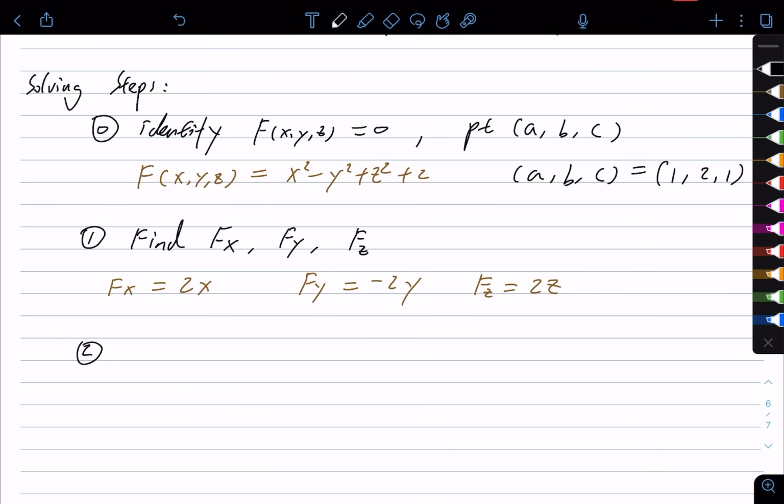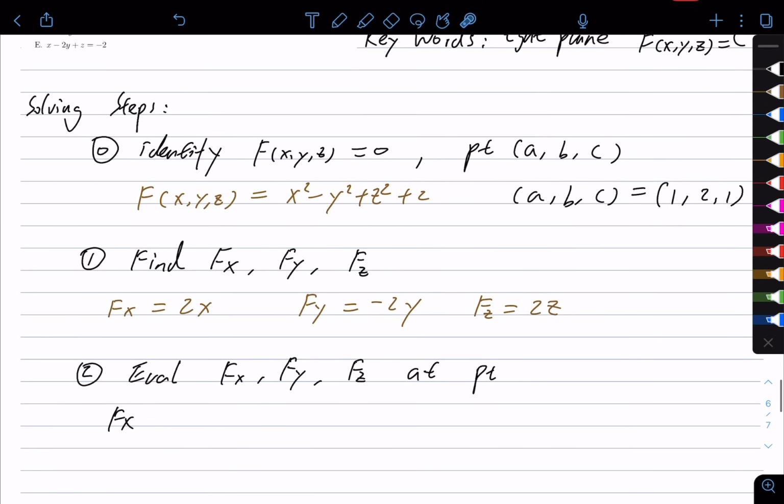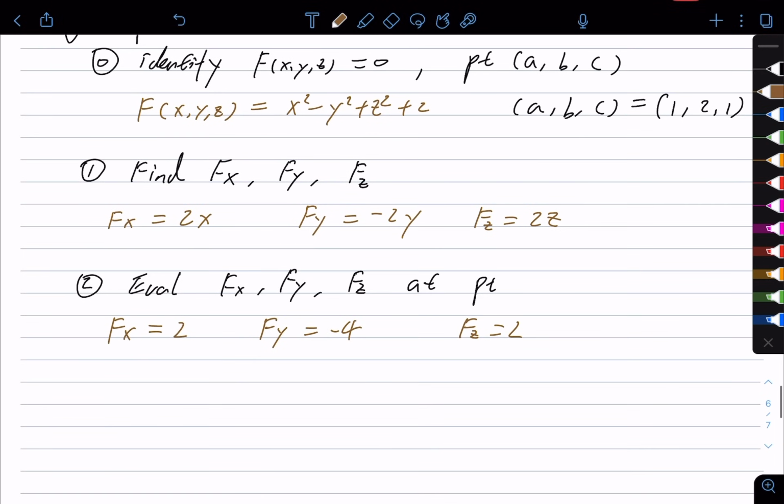So evaluate fx, fy, fz at point. Okay, so fx at the current point of 1, 2, 1 will be fx will be 2, fy will be -4, fz will be 2.